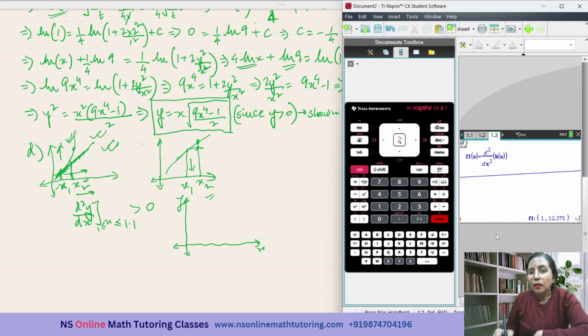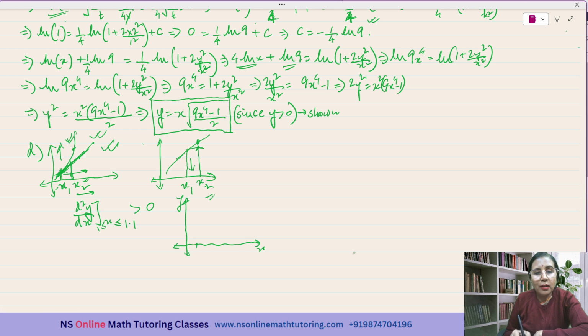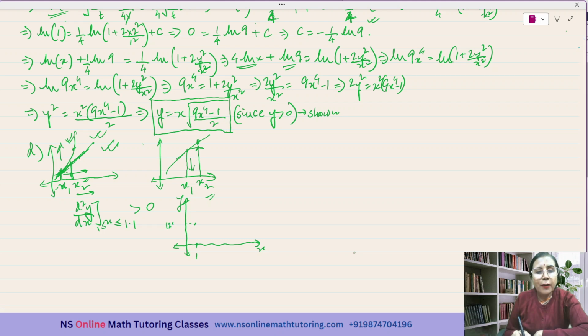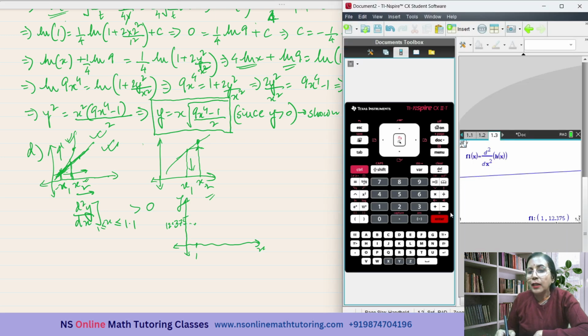And it starts from y, it is 1 and 12.375. So maybe this is 1. I'm taking from 1 up to 12.375. Okay. And what is the value when x equal to 1.1? It is 13.7669.